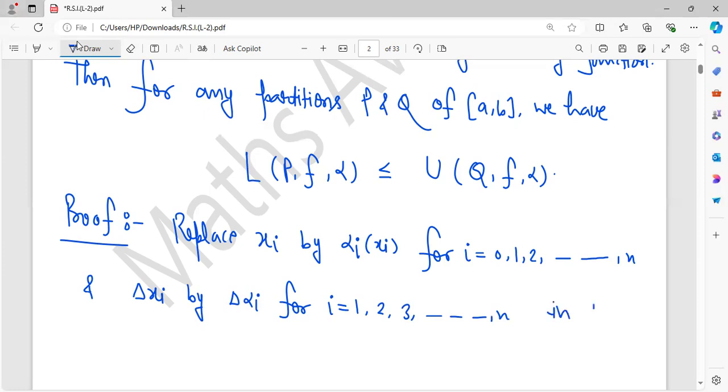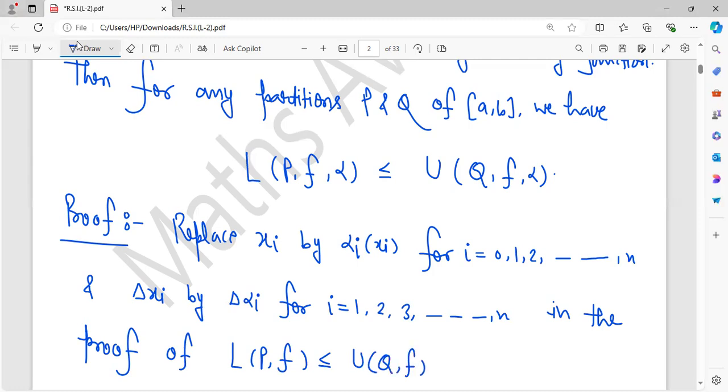In the proof of L(P, f) less than or equal to U(Q, f), this proof has been done in Riemann integration lecture 2. Okay.